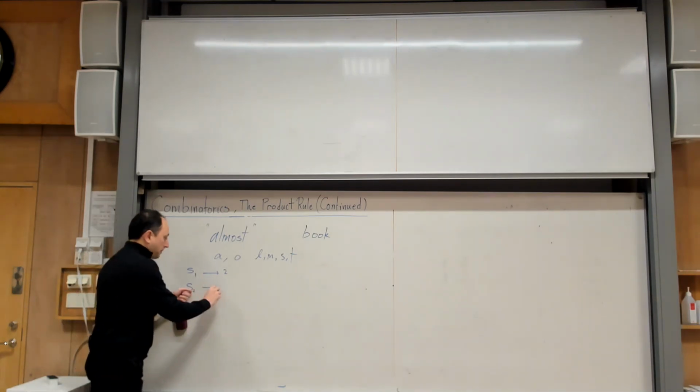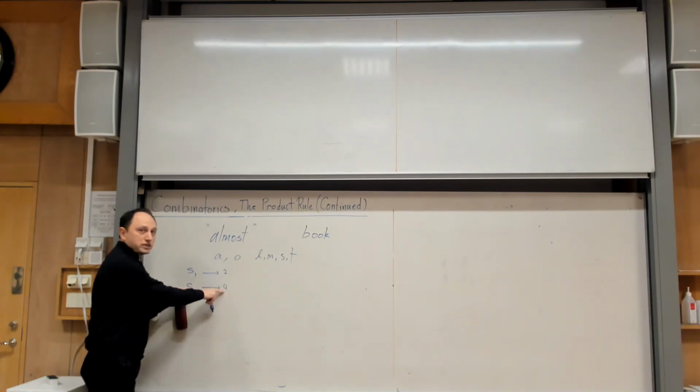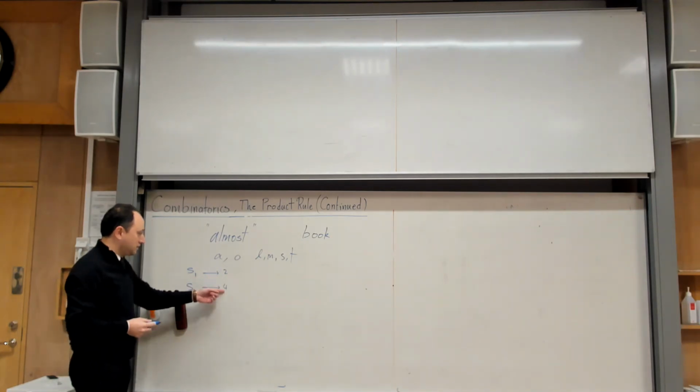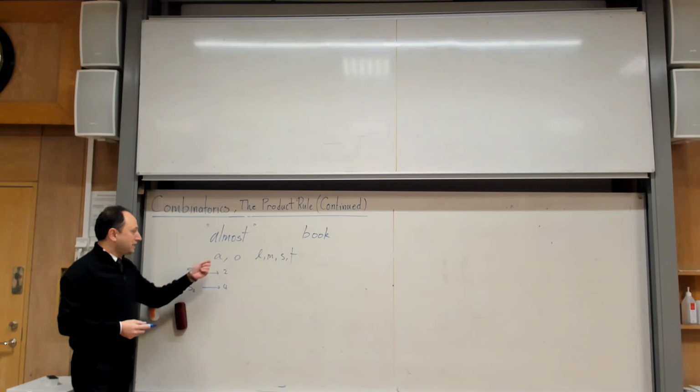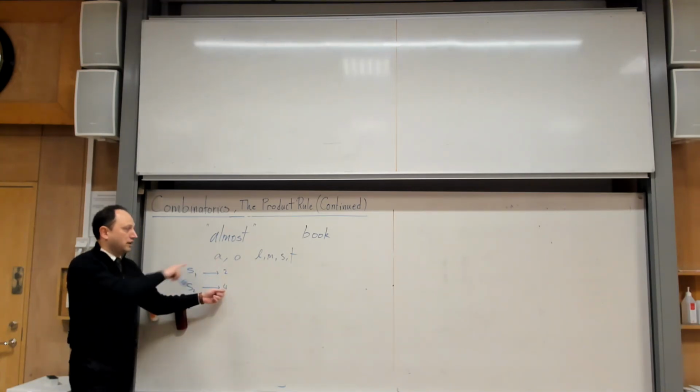Four. But when you write 4, you have to be a little bit careful to convince yourself that this number is always 4, independent of how I have done the first stage. Do you agree that this is independent? It doesn't matter if I have chosen A in the first stage, I have 4 choices.